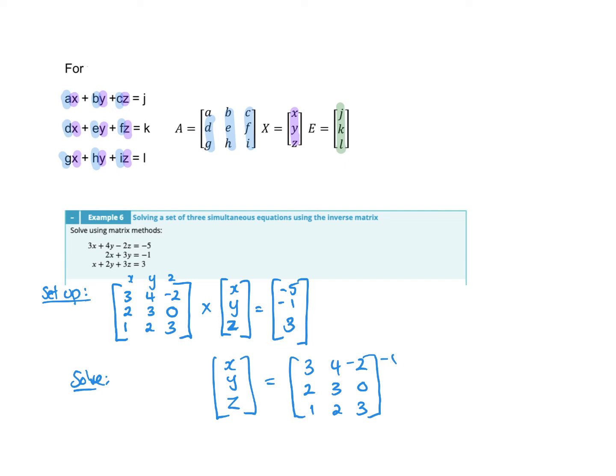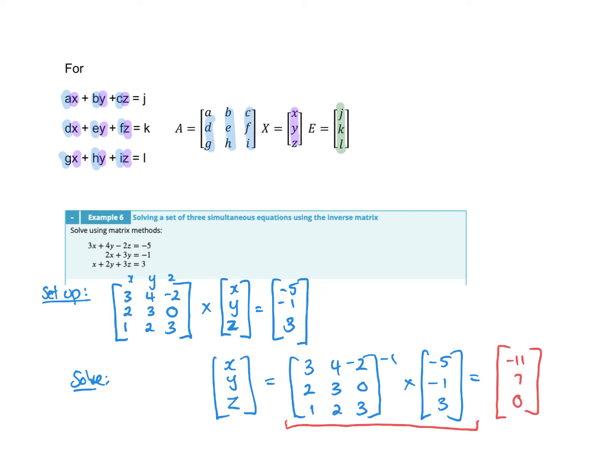We just do the inverse times that ending matrix, and we'll get our answer. So you're just typing this into the calculator. I typed that in, and I got -11, 7, and 0. So therefore x equals -11, y equals 7, and z equals 0.